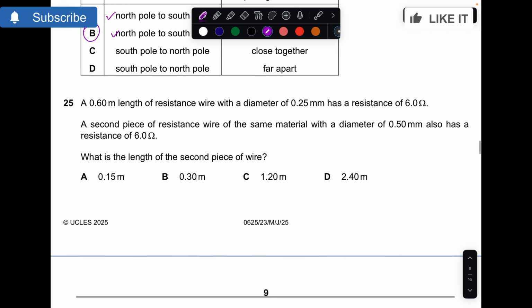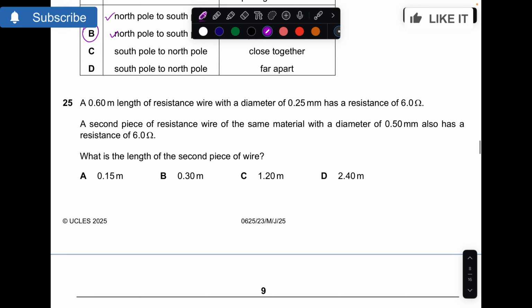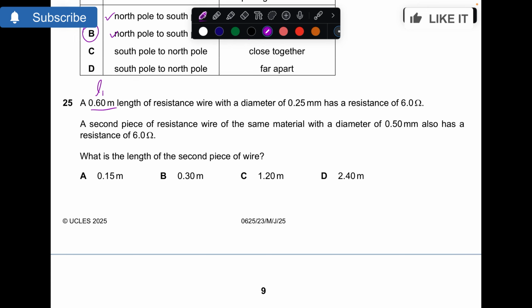Question 25: a 0.6 meter length of wire. How will the diameter change the resistance? This is the length L1, this is the diameter D1, and you have the resistance R1. When the diameter is changed to D2, it has a resistance R2. The resistance is the same. What is the length of the second piece of wire?